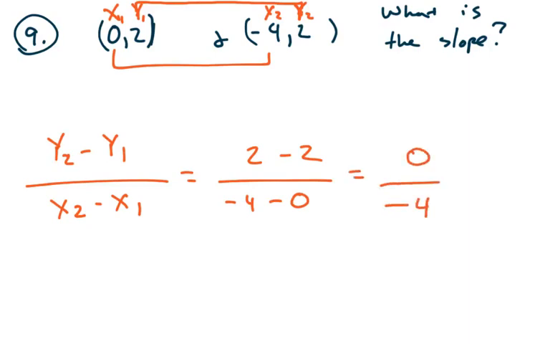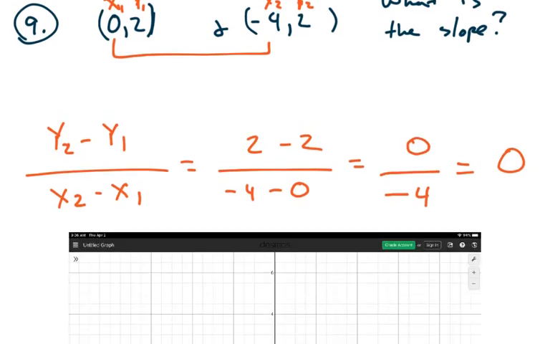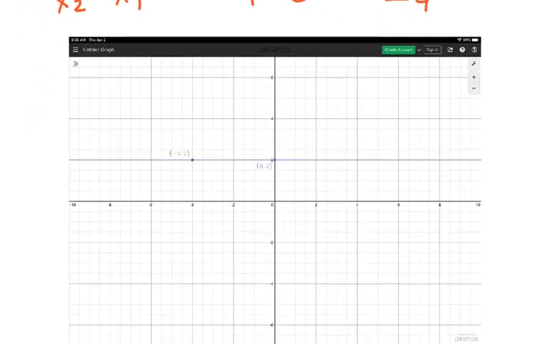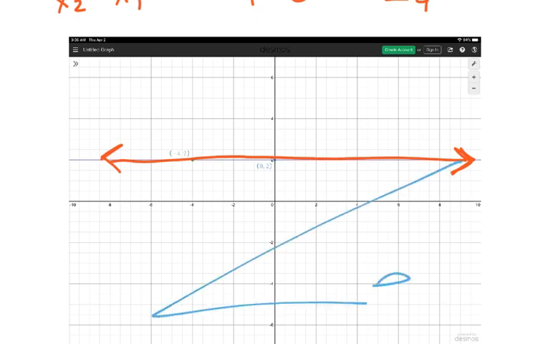Now, this is also interesting because when you have 0 on top, then it's going to equal 0. So what does a slope of 0 look like? If we look at this, we can see that this line right here is a horizontal line. And so when slopes are 0, you can make the letter Z, which means it has a 0 slope.